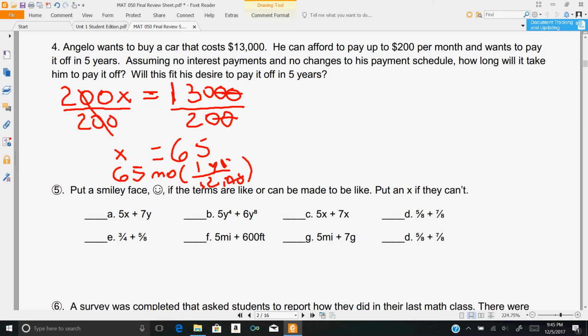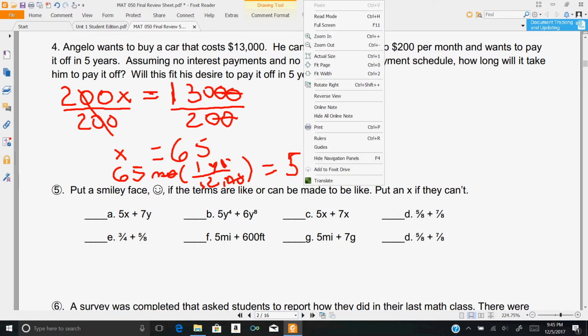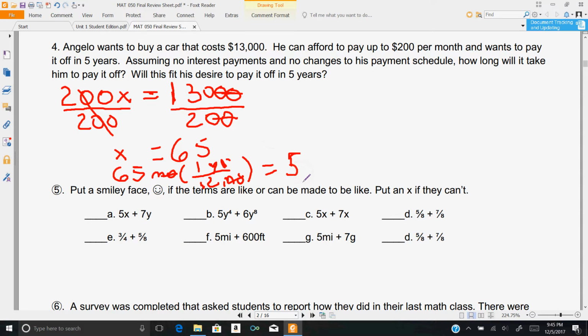The months are going to cancel, and I get 5 and 5/12, which is about 5.4 years.